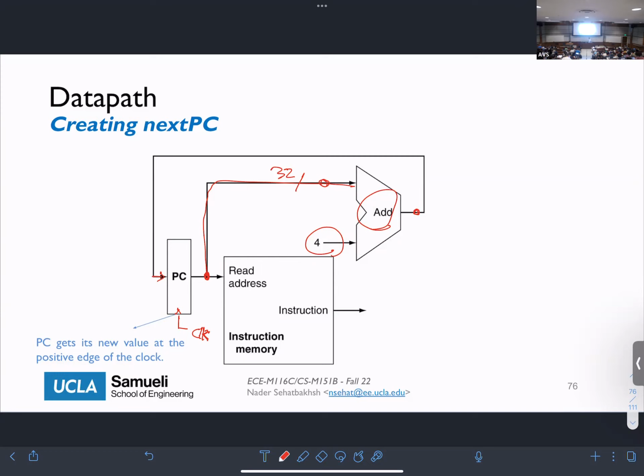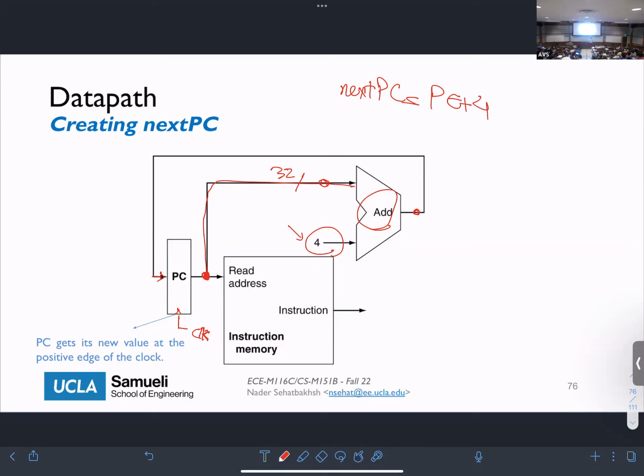So what we are building here is basically saying that whatever the value of PC is, we add 4 to it and send it back as the input to the PC. When the next clock comes in, the new PC, or next PC, will be equal to PC plus 4. This is how we create our next PC.